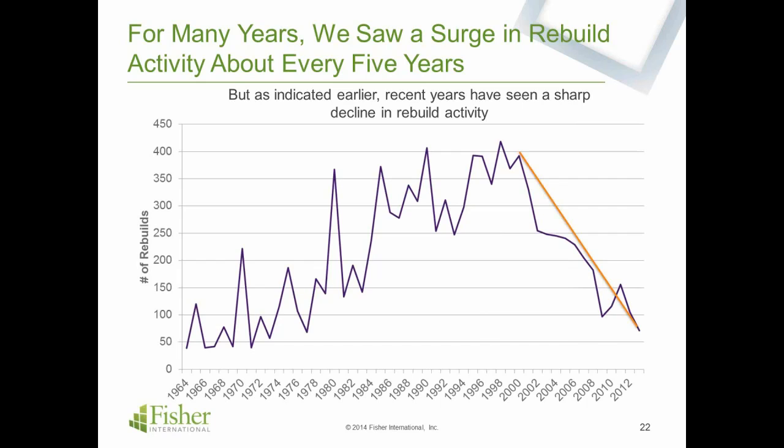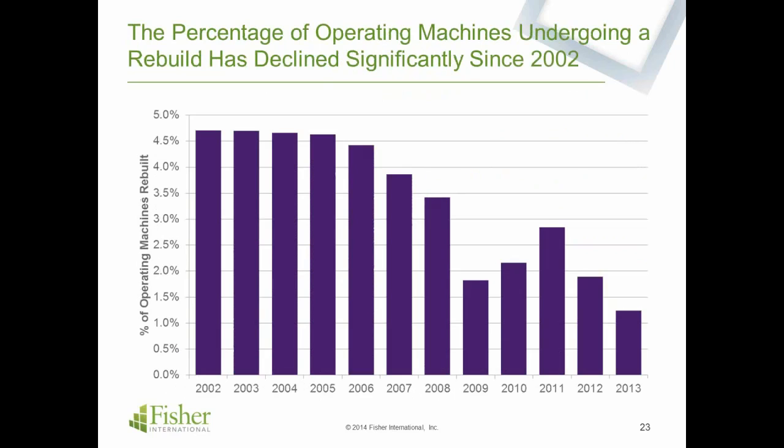So not only has the number of rebuilds declined in recent years, but the percentage of machines that are being rebuilt has changed pretty significantly. So here we're looking at rebuilds, we're looking at information for the last 10 years, the percentage of operating machines that have been rebuilt, actually about the past 11 or 12 years.